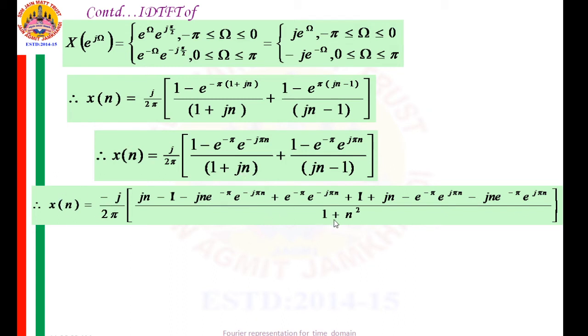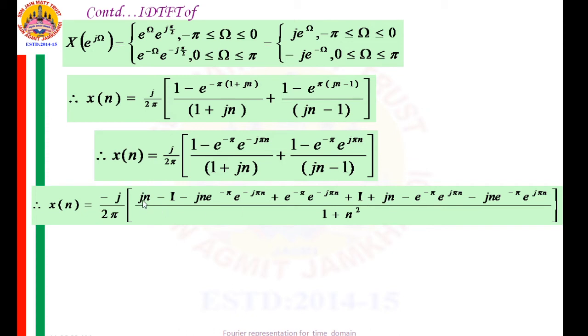So in the denominator you have 1 plus n square, and in the numerator when you multiply here, for the first term you multiply Jn minus 1, the second term you multiply first by minus Jn and then with minus 1, so minus 1 when you multiply this plus, then to this term you multiply with 1 plus Jn, this is 1 plus Jn, then to this term by 1 and to this term by Jn here. So if you observe here, this minus 1 and this minus 1 will get cancelled.